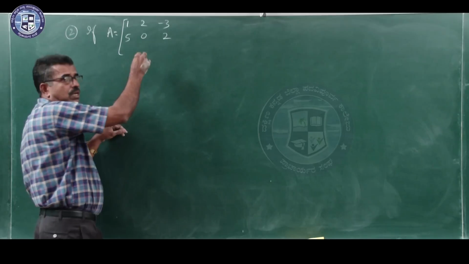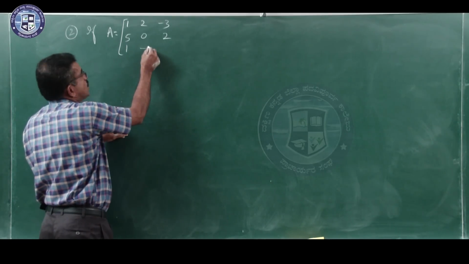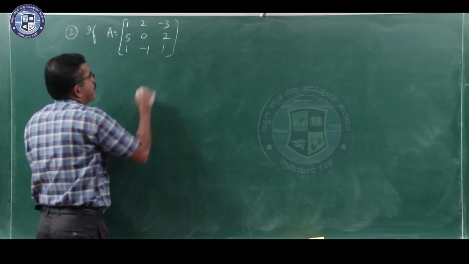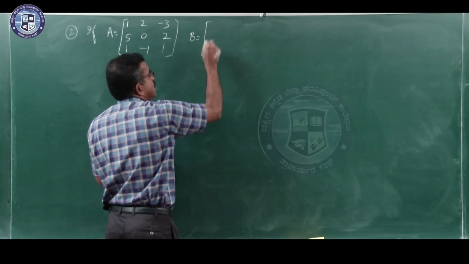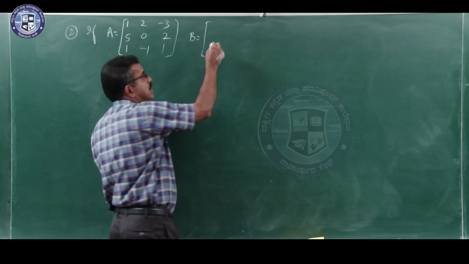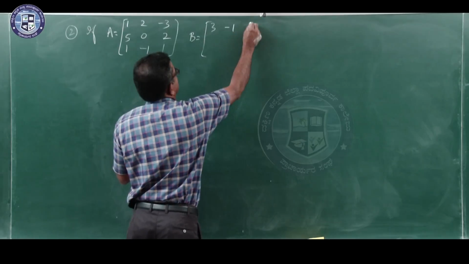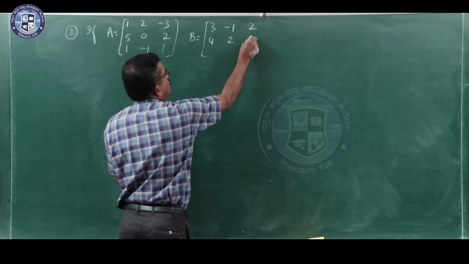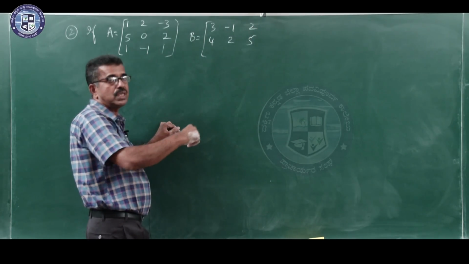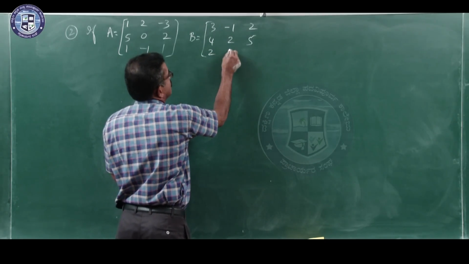Third row, 1, minus 1, 1. Now, let me take another matrix B of order 3 cross 3. It is 3, minus 1, 2. Second row, 4, 2, 5. Third row, 2, 0, 3.